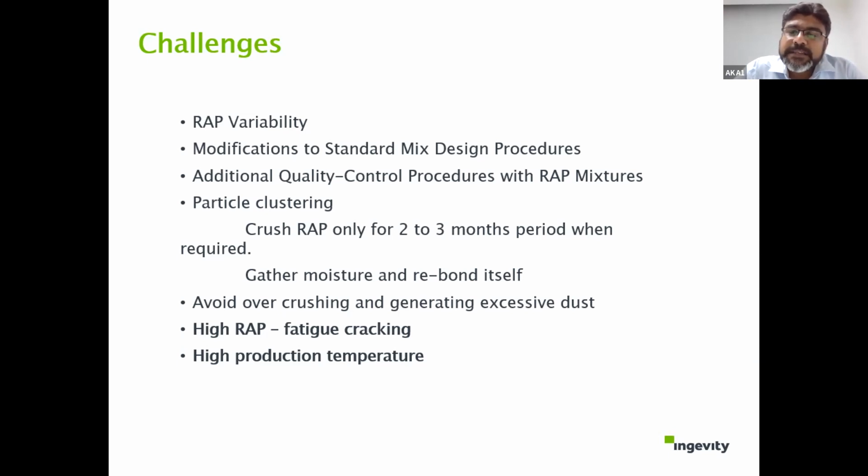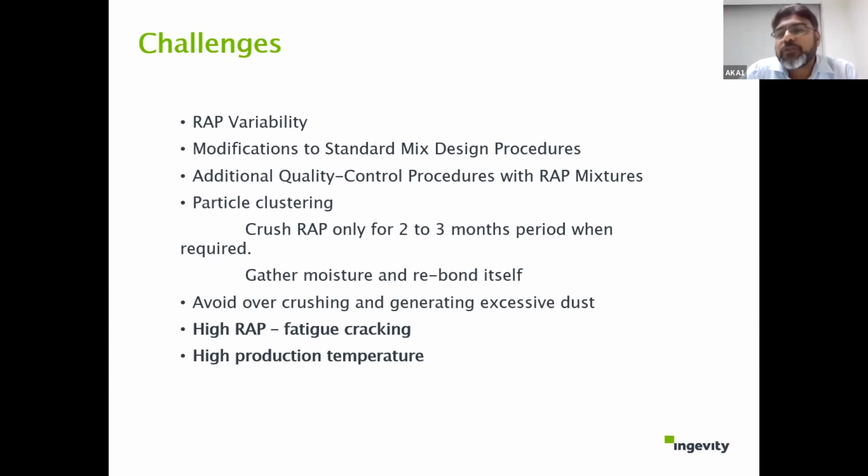In hot mix recycling, I need to understand the RAP first before I do the design. What kind of RAP we are going to get, and only then can I decide what kind of gradations or temperatures I should use, etc. So that is one thing.